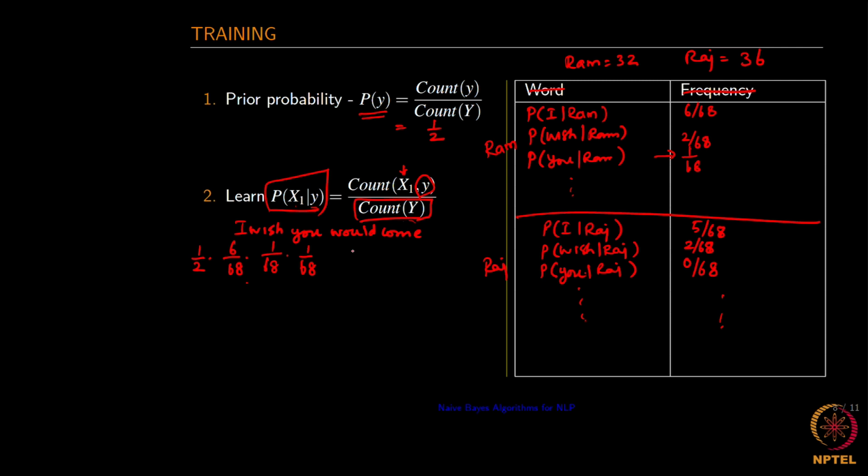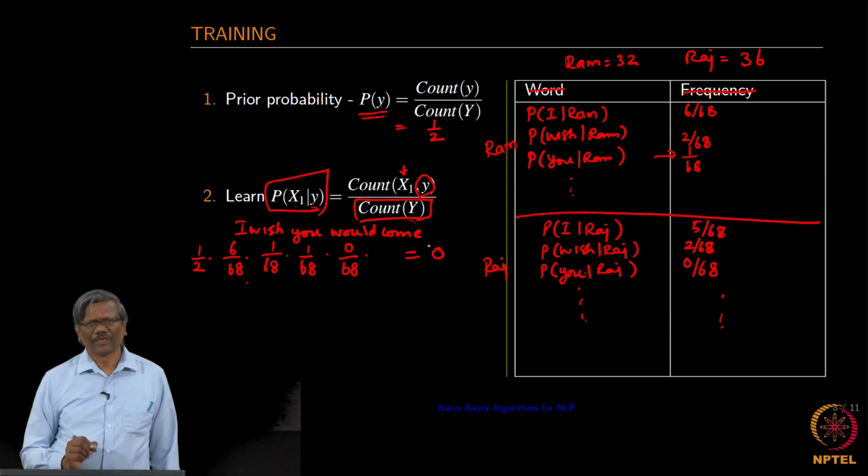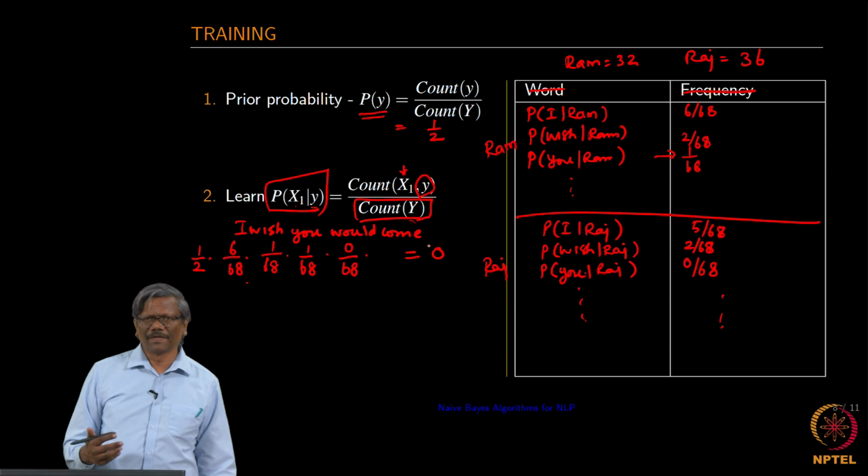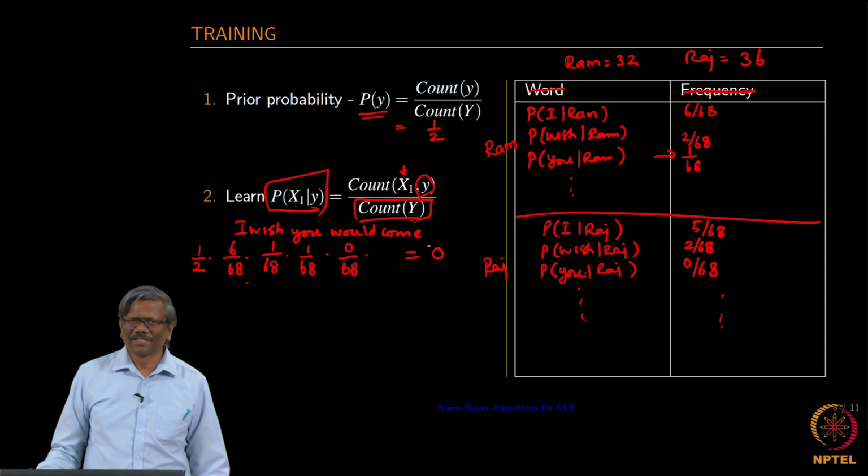There is no wood, I guess, in this, so it's going to be 0, and so on, right. So the value is going to be 0 because we have encountered a word that's not part of the dictionary that we have, right.